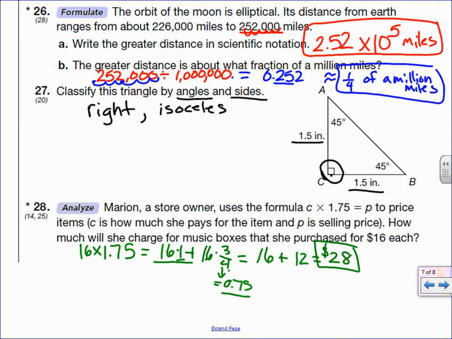Another way that we could do it is multiplying the decimals. So we would ignore the decimal to begin with, and we would say 175 times 16. 5 times 6 is 30. 6 times 7 is 42, plus 3 is 45. 6 times 1 is 6, plus 4 is 10. And then add the 0. 1 times 5 is 5. 1 times 7 is 7. 1 times 1 is 1.